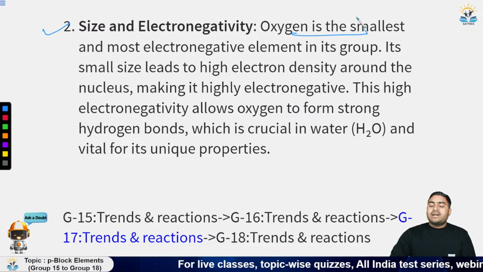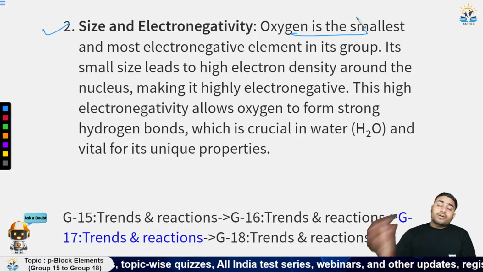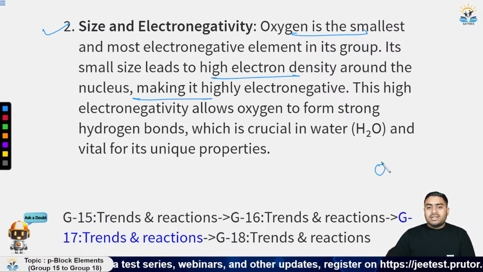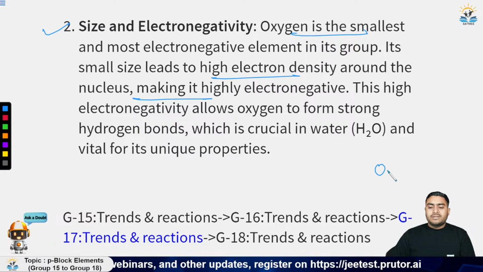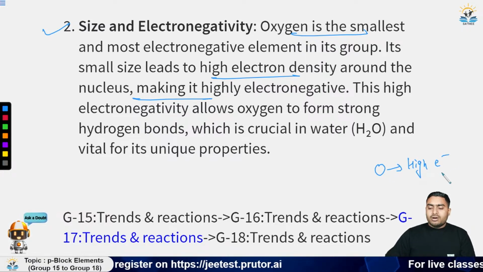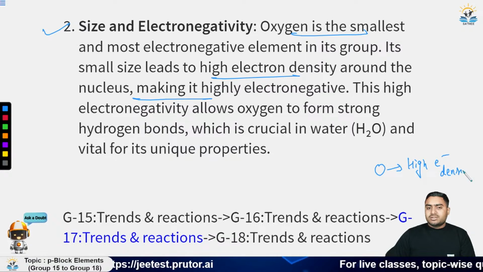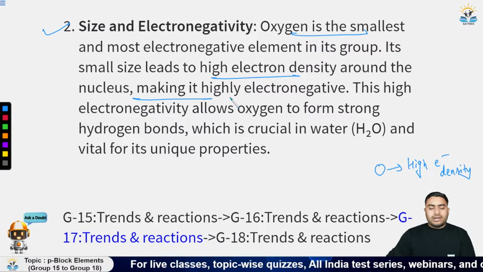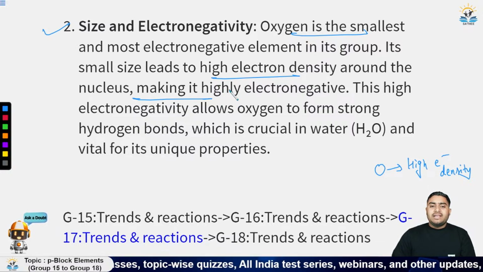Let's move to the next, size and electronegativity. Oxygen is the smallest and most electronegative element in its group. Its small size leads to very high electron density around the nucleus, making it highly electronegative in its group.